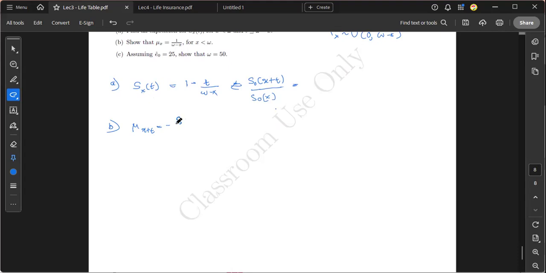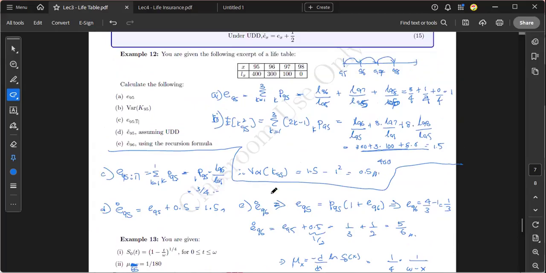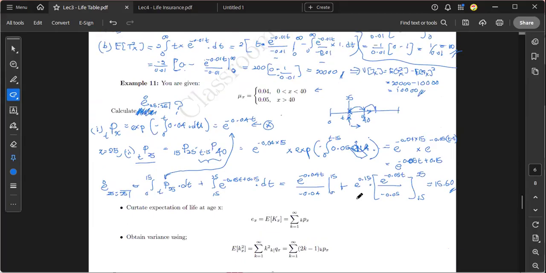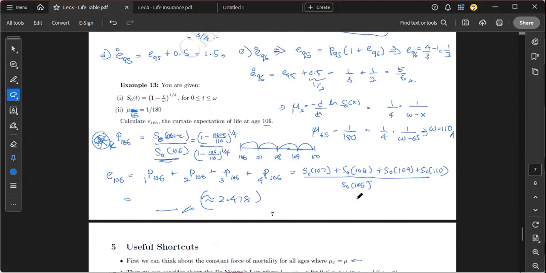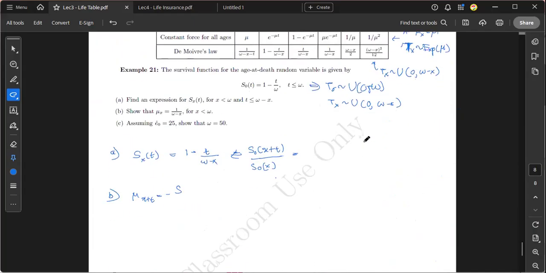Since we did the log differentiation before, I'll use a different approach here. Let's differentiate this one with respect to x and divide it by this.